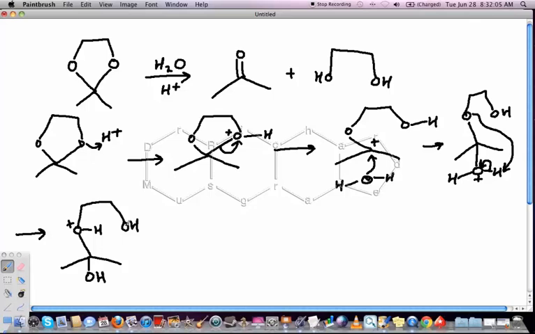Now that I've transferred the proton to that oxygen, I can have the leaving group leave.